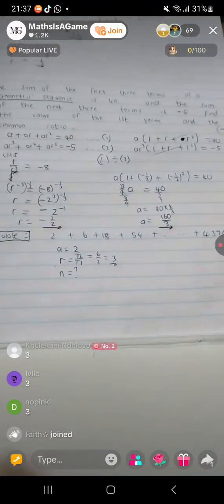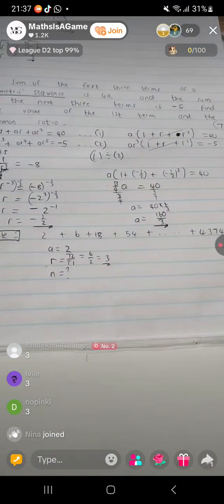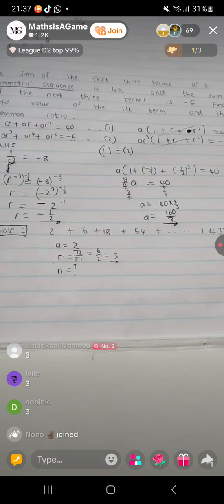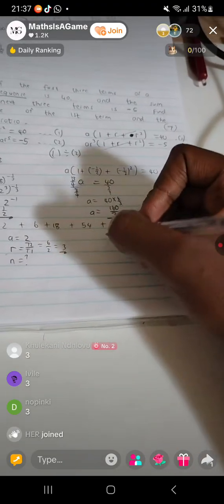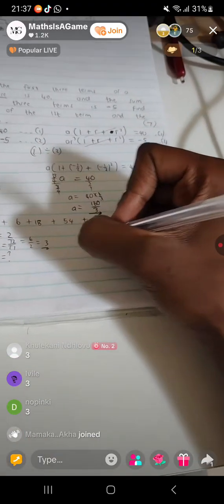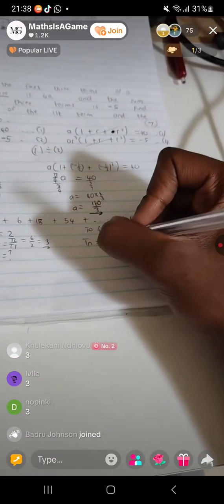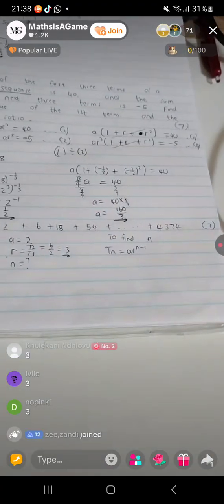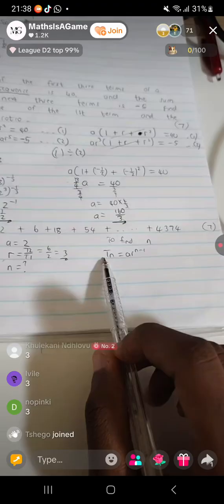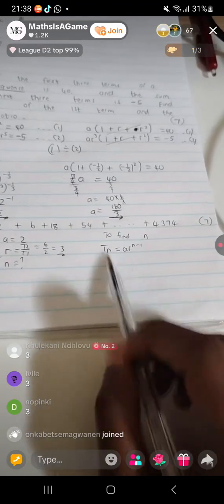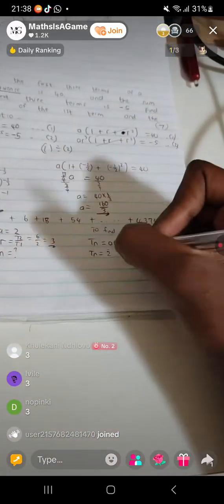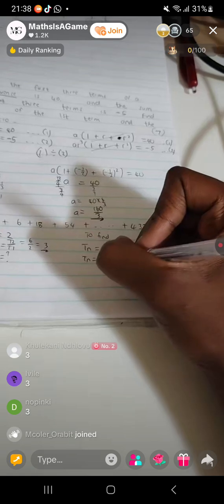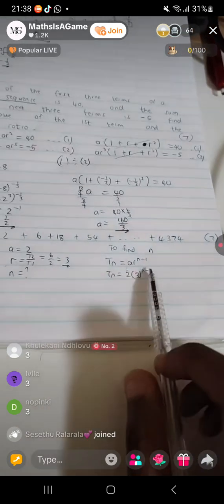N, we are going to have to first figure out what the value of N is. So remember, guys, as we have been told by those in the comment section, to find N, we are going to use Tn is equal to AR to the power n minus 1. We are going to use the Tn formula. And what we're going to do is first find what the nth term is, because A is 2, our R value is 3, all raised to the power n minus 1.